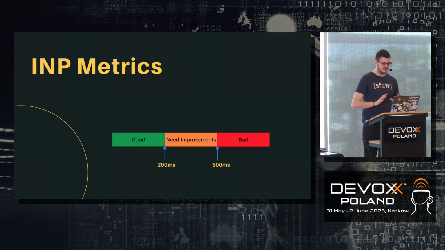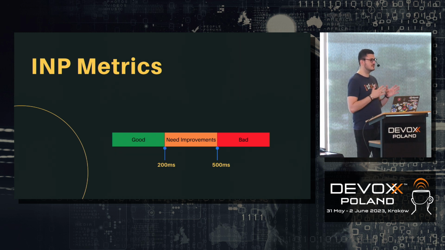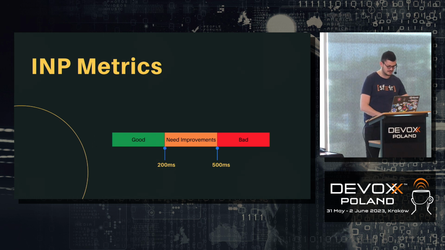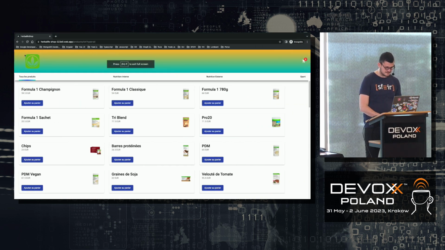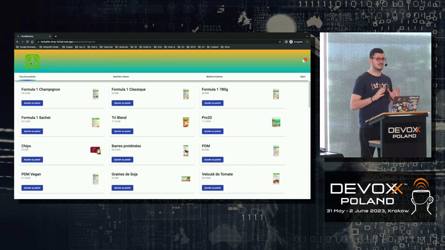So I have a little time for a demo, and I would like to present you some of the developer tools I showed you in this talk. So this is my application. It's a very easy application, to be honest. It's just displaying some products.